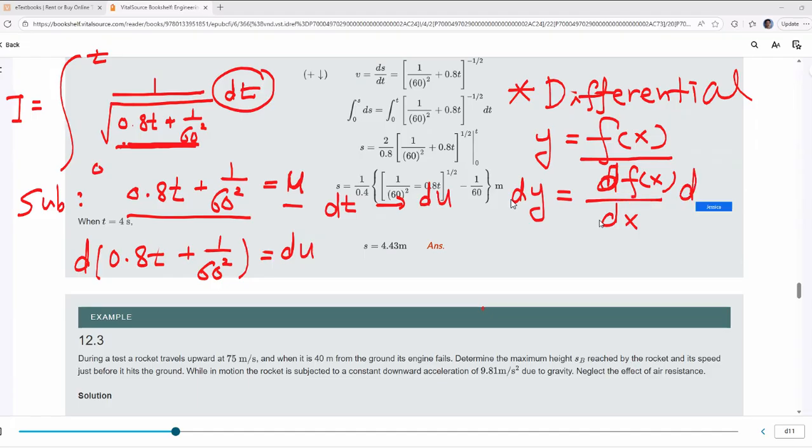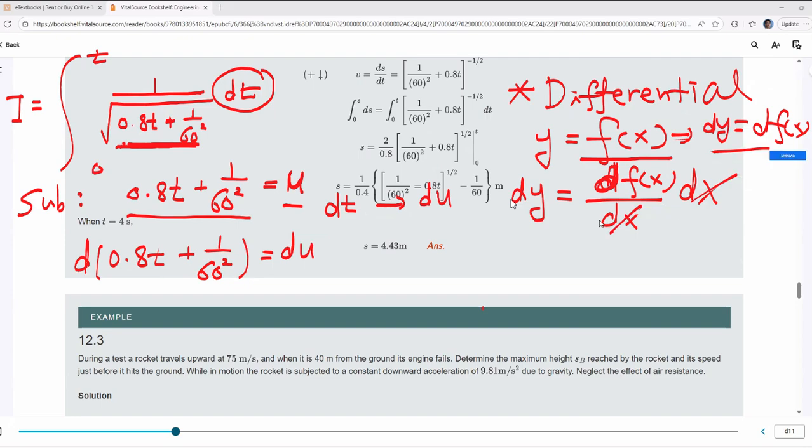This is the definition. Why is that? See, dy equals df, isn't it? As I told you before, the derivative is considered as a fraction. So you cancel dy with dy, and it turns out to be this.